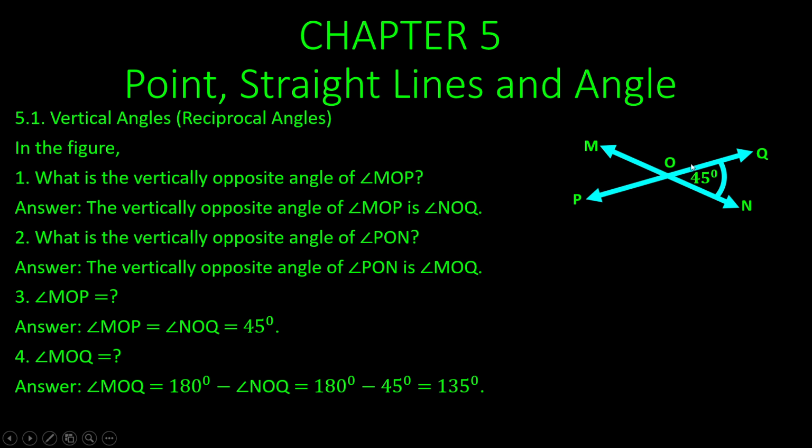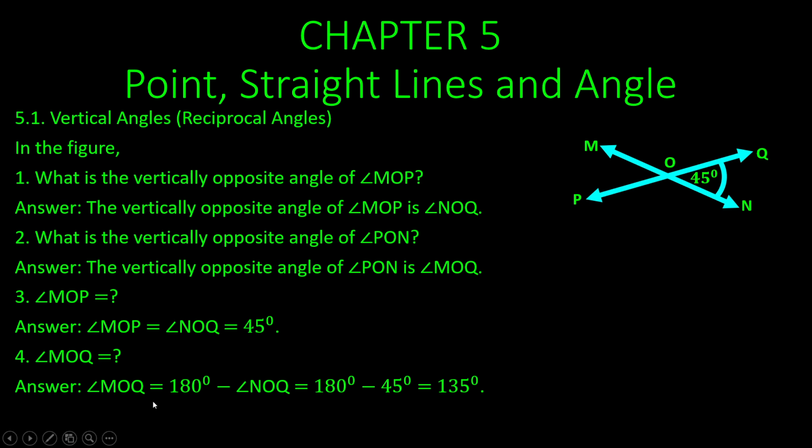But it is clear that the ray MO meets the straight line at the point O. So as a consequence, two adjacent angles POM and MOQ are made, and their sum is 180 degrees. It is known to us. But between these two angles, one of them is 45 degrees.